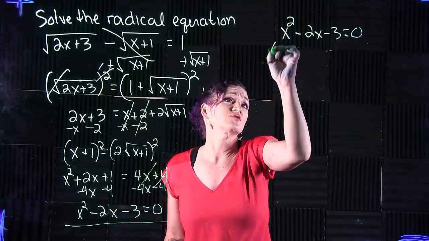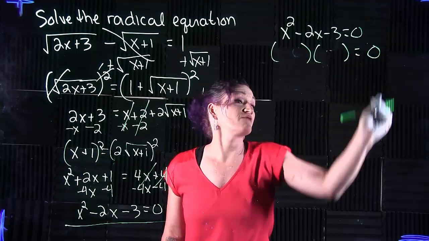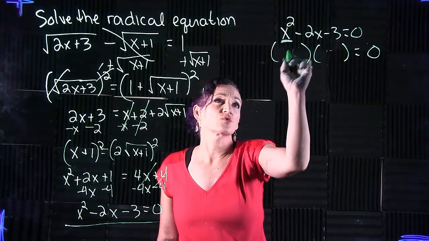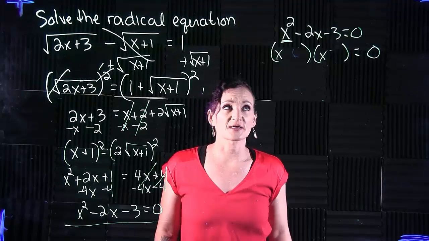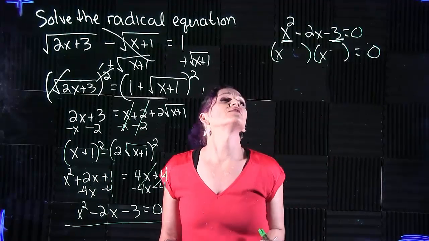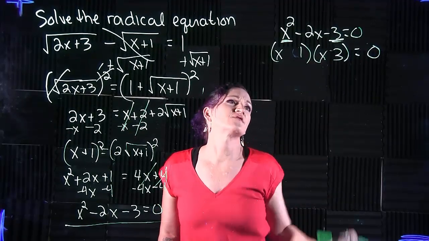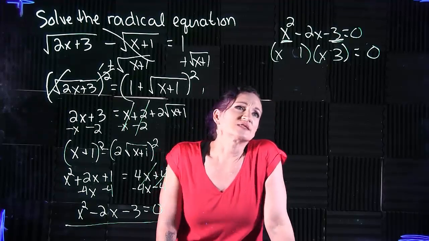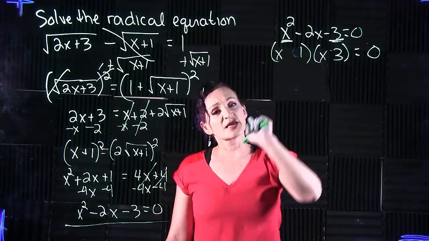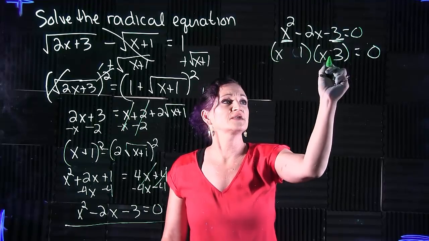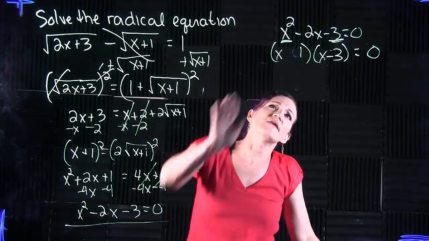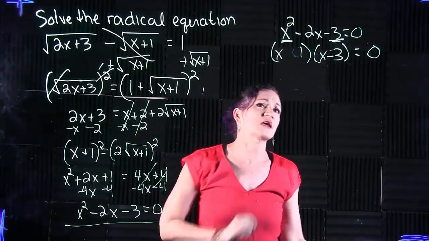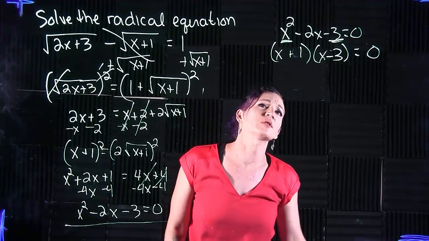So let's try and factor this and see if it does factor. x squared gives us x times x. Factors of 3 are 1 times 3. So let's see if our signs and our numbers work here. Keep in mind, whatever sign the middle term has, it goes with the bigger number. If your back number is negative, these have to have different signs, so this should be a plus.